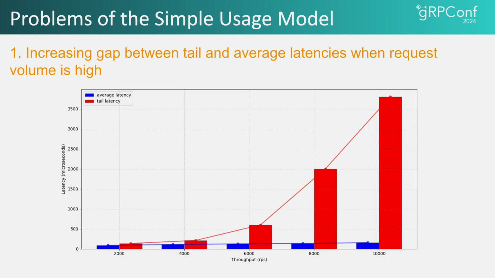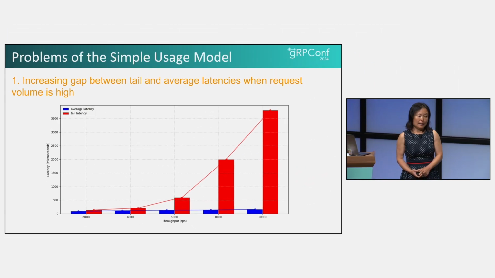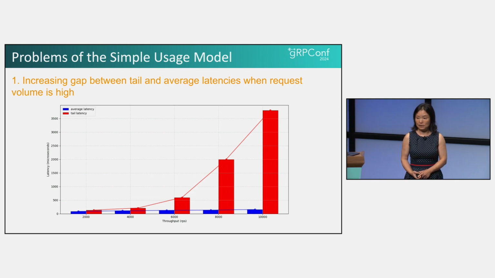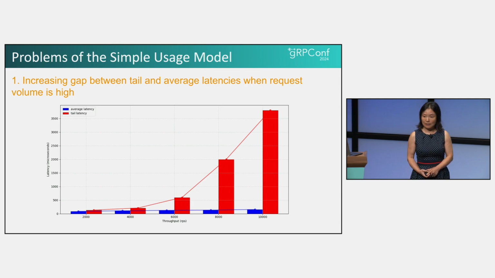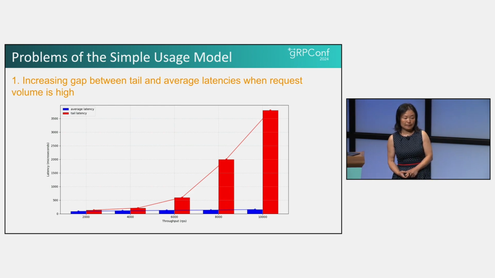The widening gap indicates that while the majority of the requests are being processed within an acceptable time frame, there is a small but critical percentage of requests that are experiencing much longer delays. This could be particularly problematic in trading systems where timing is crucial, as these tail latency spikes could cause significant performance bottlenecks and impact overall user experience.